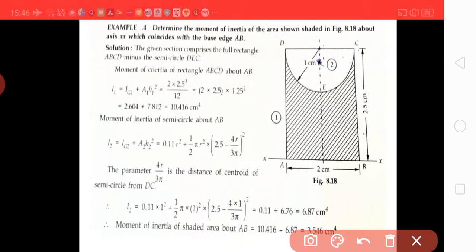So the given section comprises the full rectangle ABCD minus the semicircle DEC.